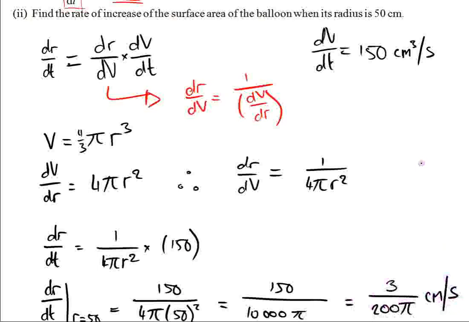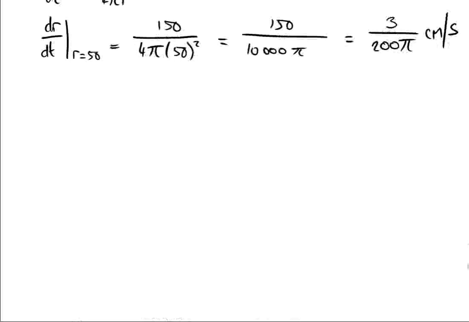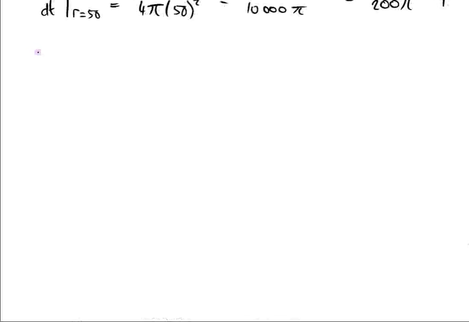So this is the first part. The second part, instead of looking at the rate of change of the radius, we want the rate of increase of the surface area of the balloon, and the radius is again 50 centimeters. So, how are we going to do this? This time we're asked to find the rate of change of the surface area, so dS with respect to time.